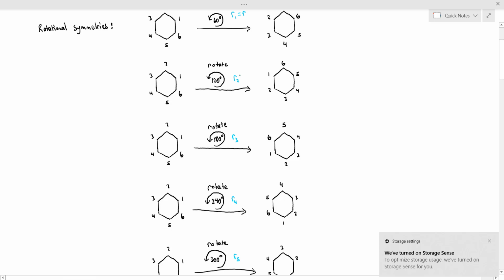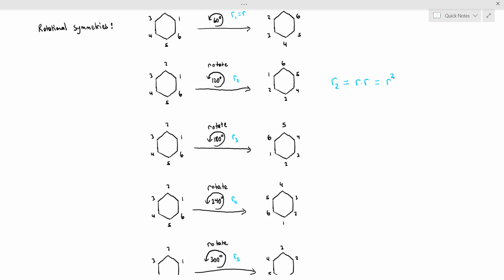But of course, there is a relation between R2 and R. Namely, rotation by 120 degrees counterclockwise is the same as rotating by 60 degrees twice. Here I'm using a sort of multiplication notation to represent rotating by 60 degrees once and then twice. This multiplication is really function composition, but I'll denote it as multiplication. So we have this relation that R2 would be equal to R squared.